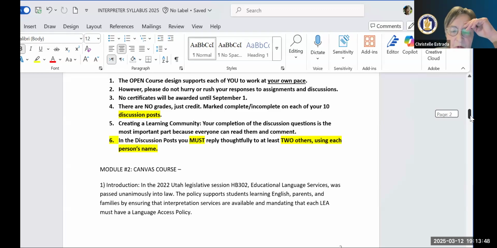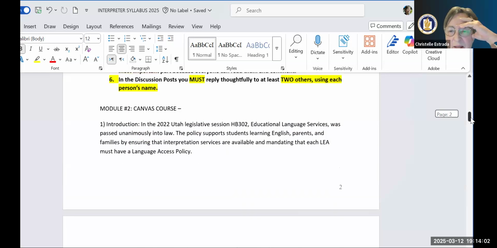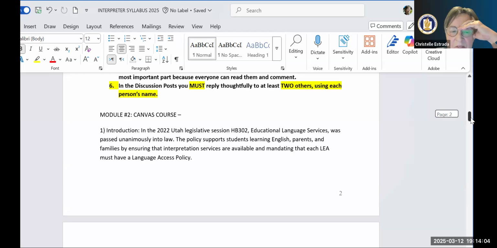Last week, we went through the language access policy, very detailed. And Bev knows this probably by heart. And if you want to jump in, Bev, you can. Every district and LEA, a charter school, has to have a language access policy.